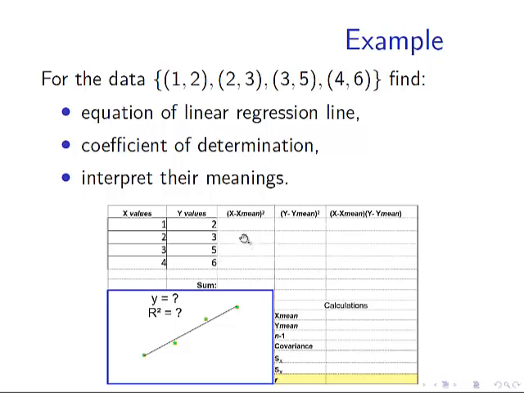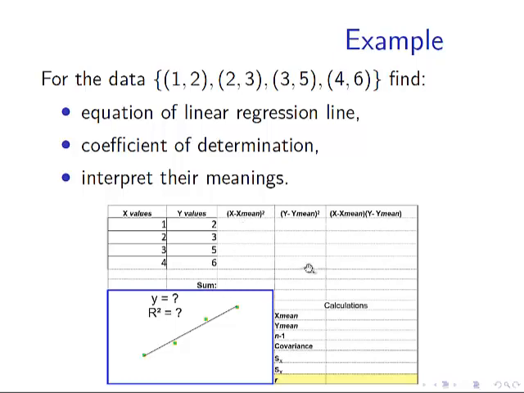For the formula of standard deviation of x values, we need (x minus x mean) squared. We need (y minus y mean) squared. For covariance, we need these multiplications, (x minus x mean) times (y minus y mean).